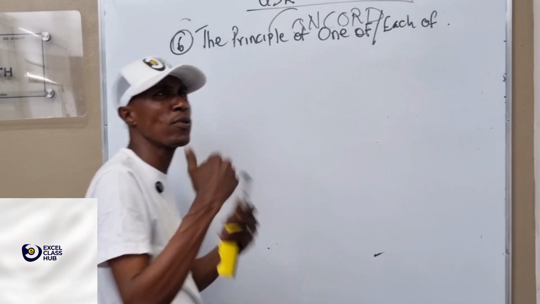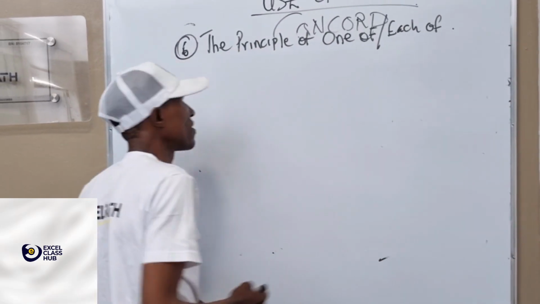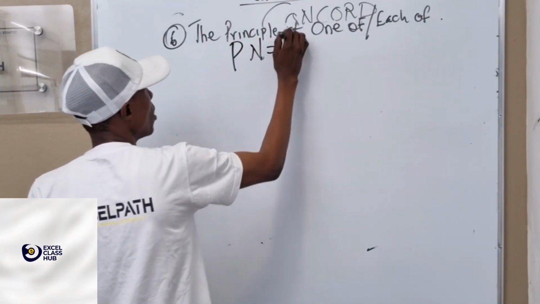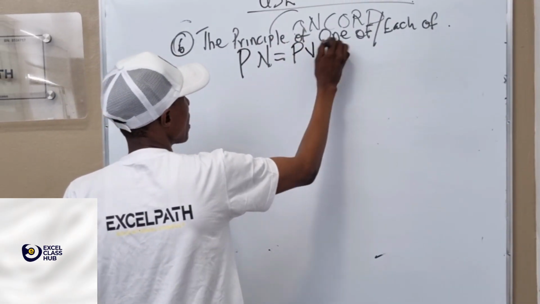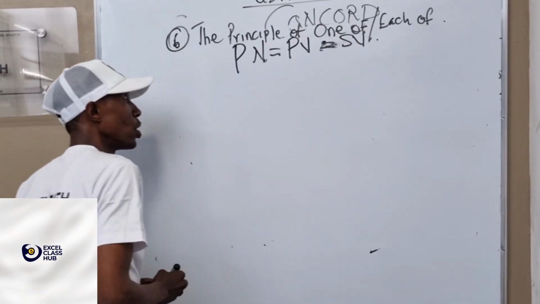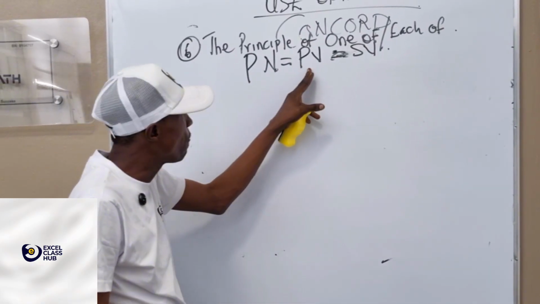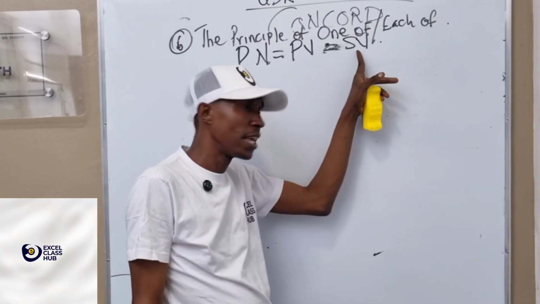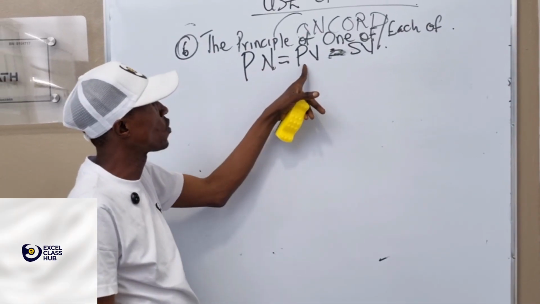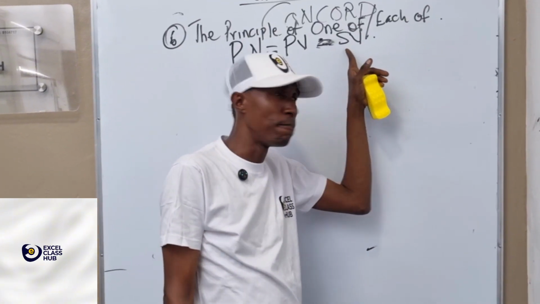Whenever you see one of or each of in a question, what is expected of you is this: you make use of your PN, your PV, and your SV. Your PN connotes your plural noun, which goes with your plural verb and which goes with your singular verb.